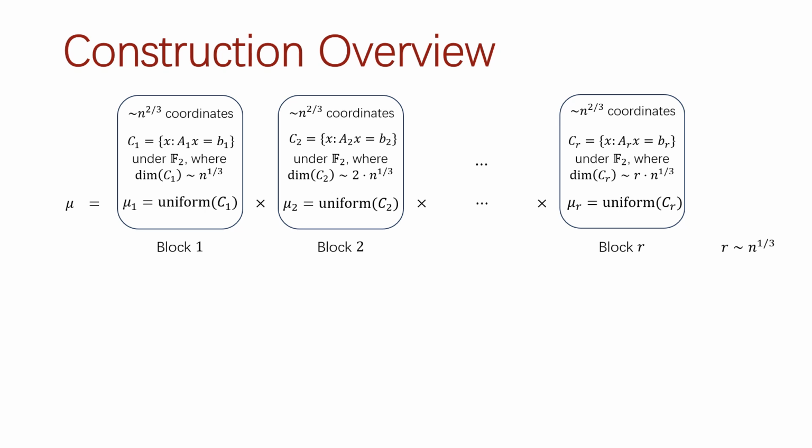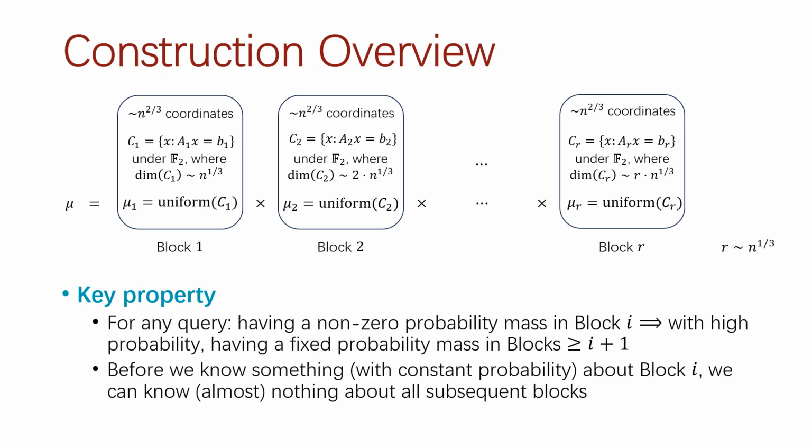In this construction, the partition of the coordinates and the affine spaces are unknown to the algorithm. A key property of these instances is that for any query, or say any subhypercube of the entire space, that has non-zero probability mass in the ith block, it should have a fixed probability mass in all subsequent blocks with high probability.